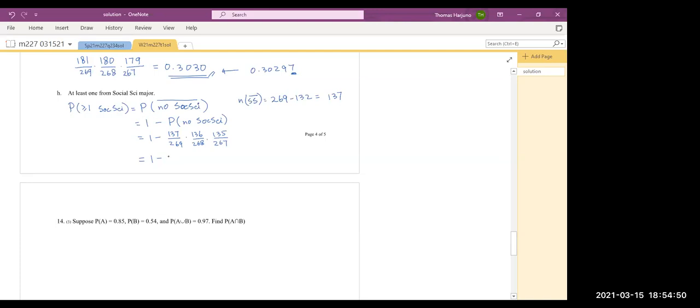I get 1 minus the product of that, I get 0.130675. So 0.7. Do you get the same thing?